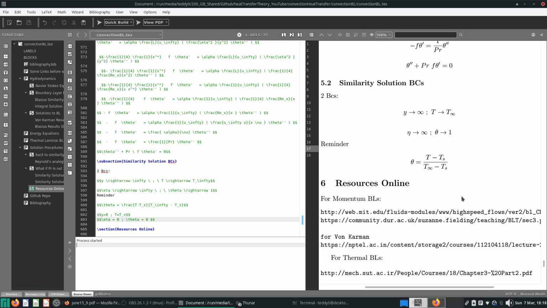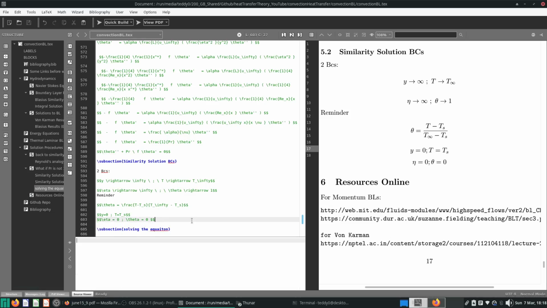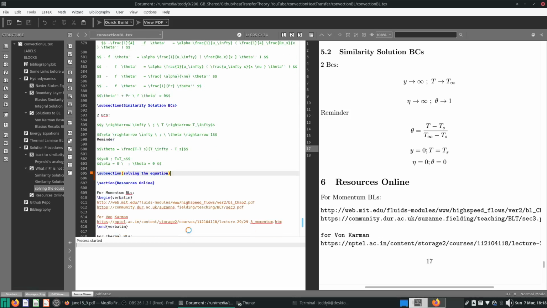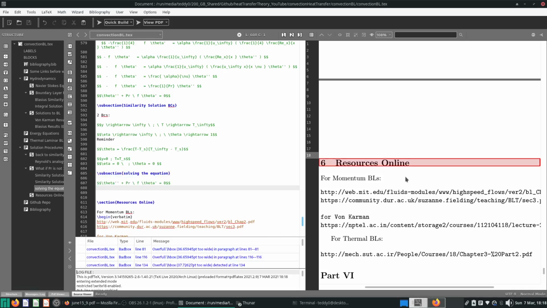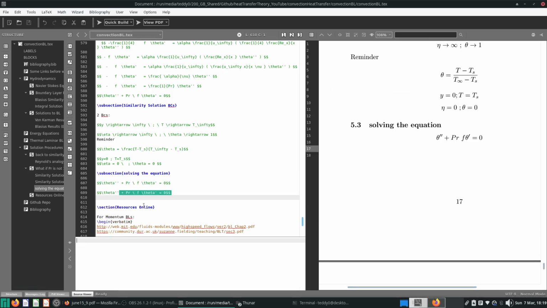So let's solve the equation. Let's give it one more space here. Again, we'll use the same thing, and now we want to write it in this form so that it's very obvious what you can do.